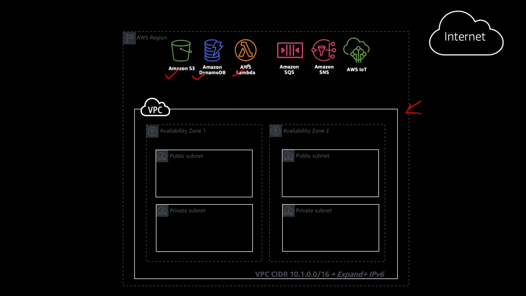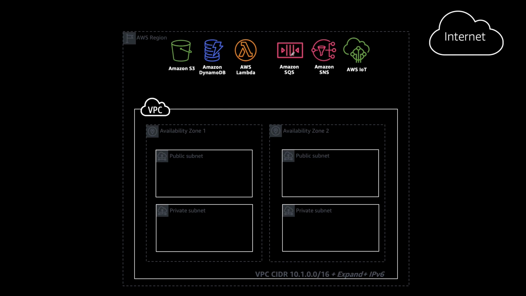Okay, so they stay within AWS obviously, but they have a public facing address. So when you create any resources within your public subnet or private subnet, you need to make sure that they are able to access not only the internet but also all of these services which are public facing services within AWS.